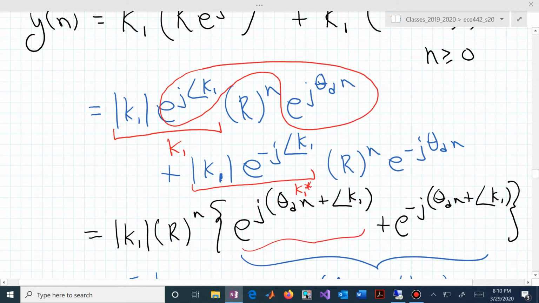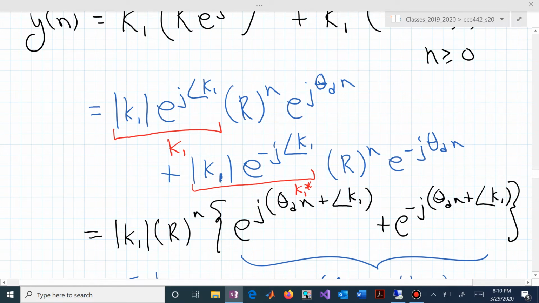This is now e to the j quantity theta sub d n, that's picking up this, plus this piece, which is the angle of K1. Then we have this piece right there, and that's e to the minus j quantity theta sub d n plus that angle of K1.